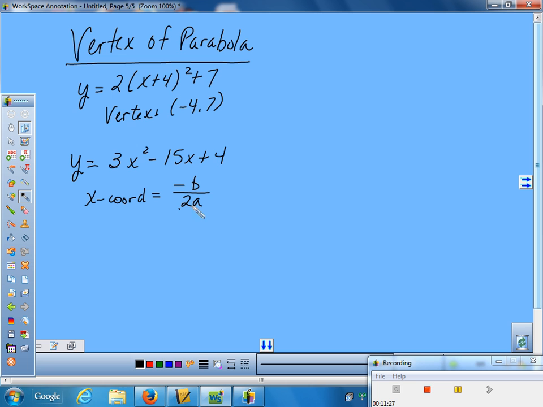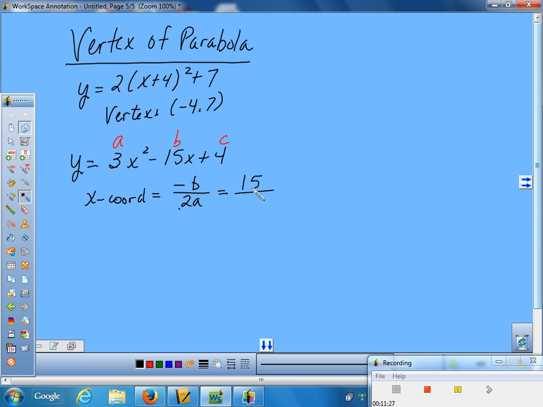Now, how do you know which numbers are A and B? Yes, it's the same as in the quadratic formula. A is the first one, B is the second one, C is the third one. So in this case, if I did negative B over 2A, what's negative B here?